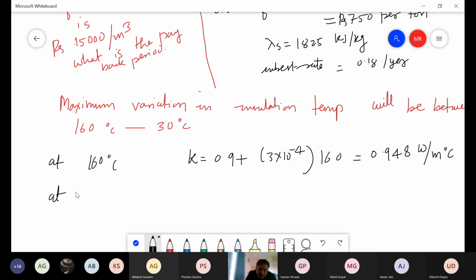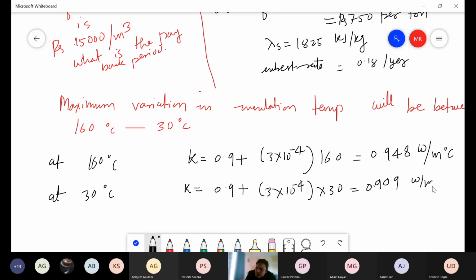Similarly, at 30 degrees Celsius, K will be given by 0.9 plus 3 into 10 raised to power minus 4 into 30. So this comes around 0.909 watt per meter degree Celsius.